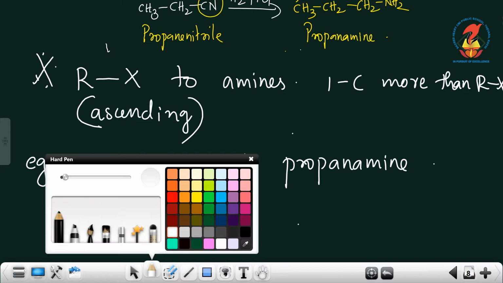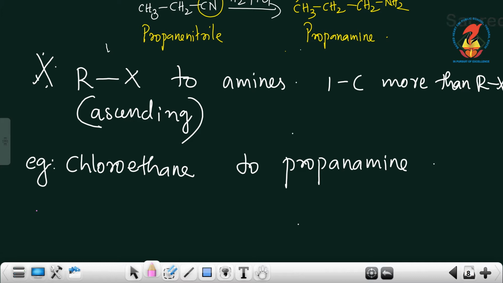So chloroethane, eth means 2 carbon, a 2 carbon containing halide to an amine with 3 carbon, prop means 3 carbon. How we can do this conversion? Chloroethane formula is C2, or we can write it as CH3CH2Cl.